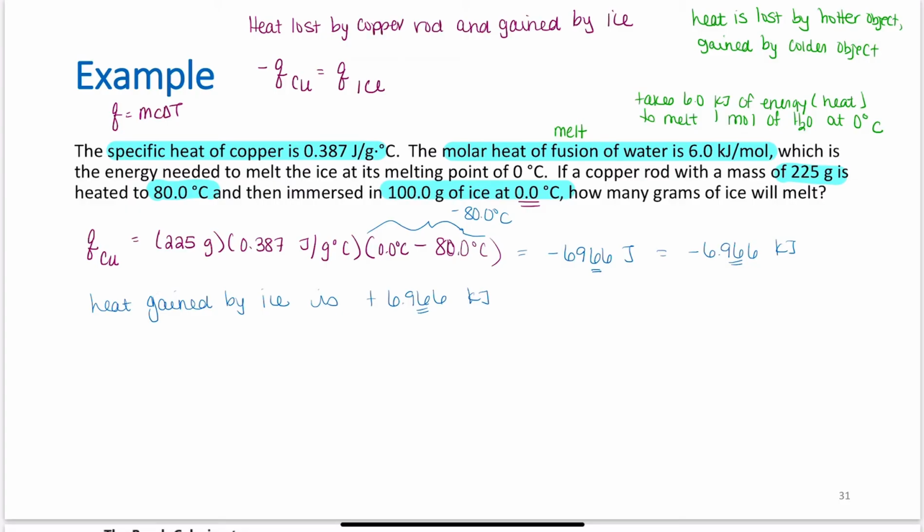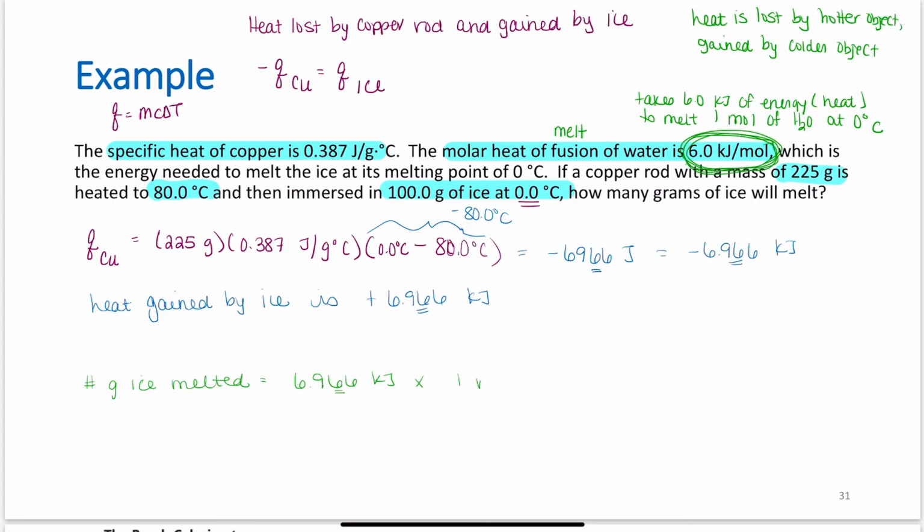Now I know it tells me that it takes 6 kilojoules of heat to melt 1 mole of ice at 0 degrees C. So how many grams of ice can I actually melt with 6.966 kilojoules? Number of grams of ice melted, 6.966 kilojoules. This here is a conversion factor.